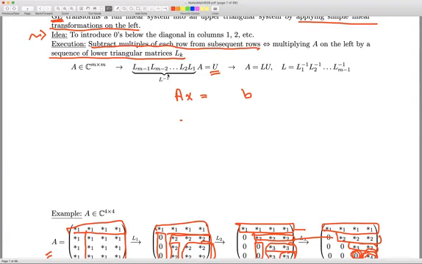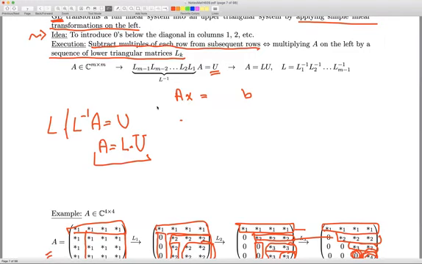And if we write this matrix as L inverse, then we have L inverse times A is equal to U. If we multiply both sides on the left by L, we have that the matrix A is equal to L times the matrix U. And this is the LU factorization that we were discussing.